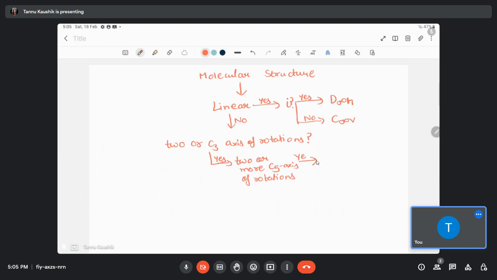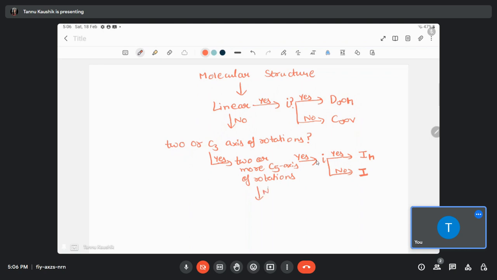If yes, then we will check whether it has an inversion center. If yes, then it will have Ih, that is icosahedral point group. If not, then it will have I point group.